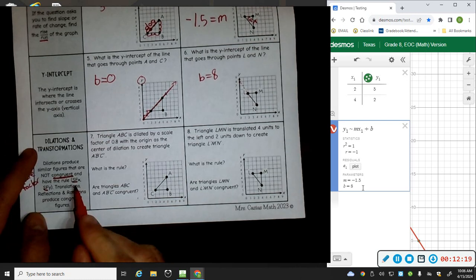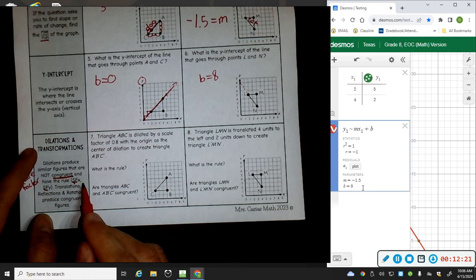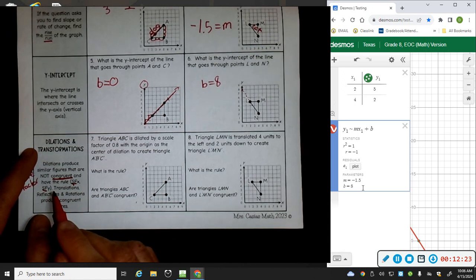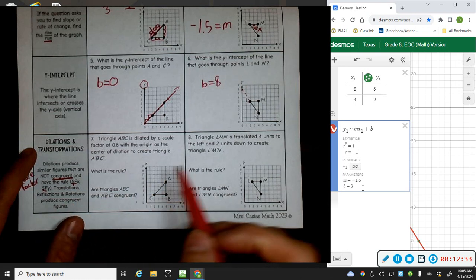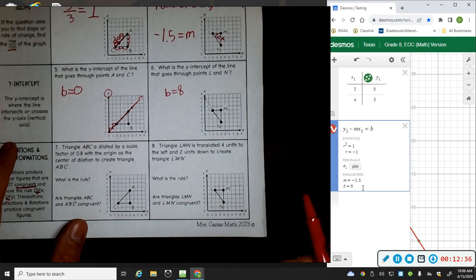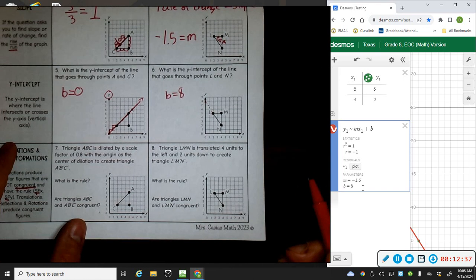Meaning the scale factor times x and the scale factor times y. Okay, and then we have translations, reflections, and rotations that do produce congruent figures. Okay, so we're not going to go over every single transformation. We're going to go over, looks like, dilations and translations.